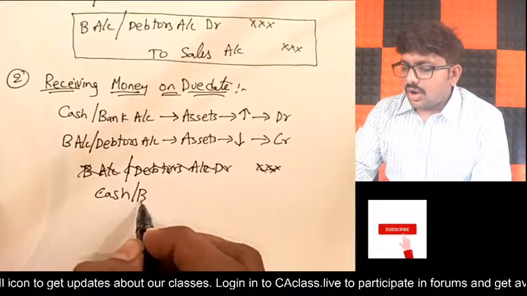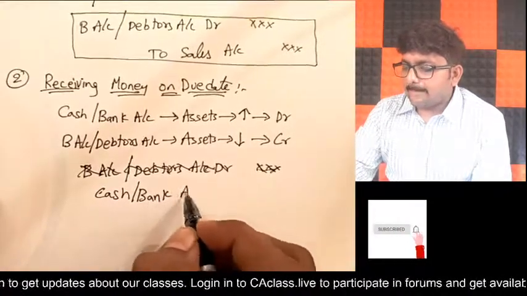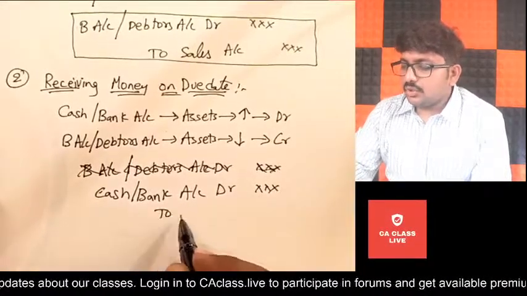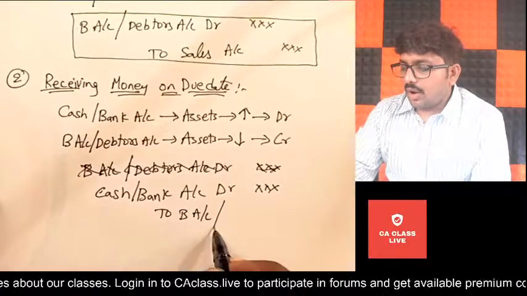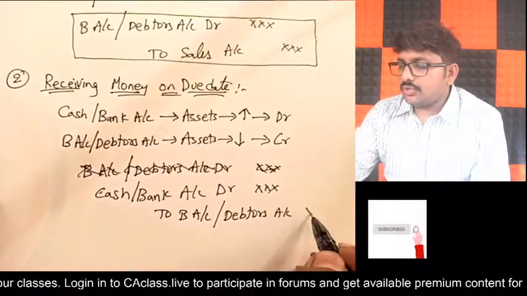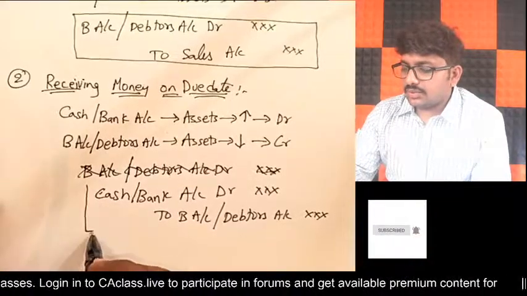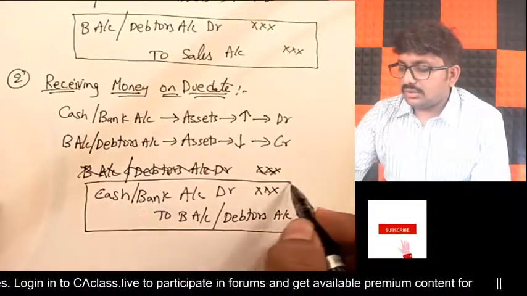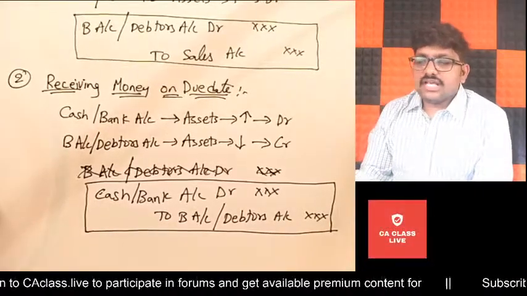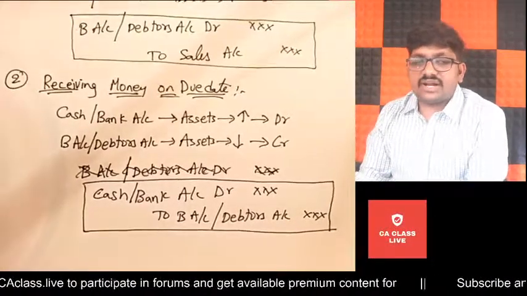Cash or bank account debit, you are receiving the money, to B account or debtors account. To B account or debtors account is your journal entry. Got it, friends? So this is the transaction. This is the journal entry when I receive the money.